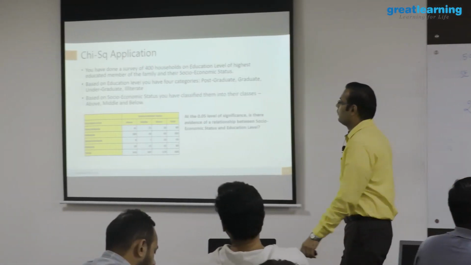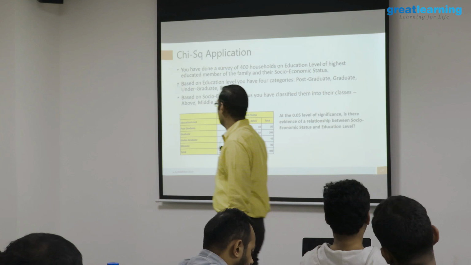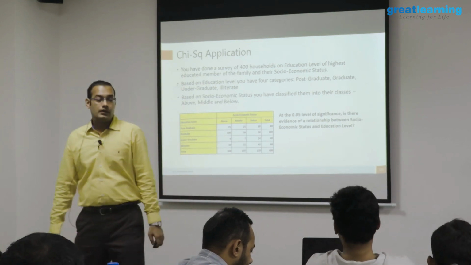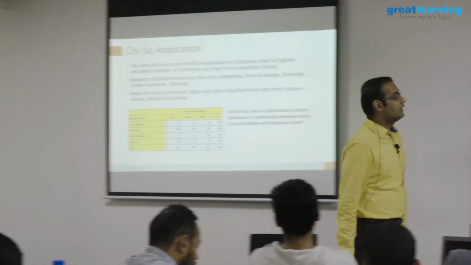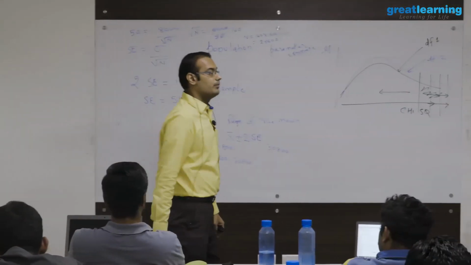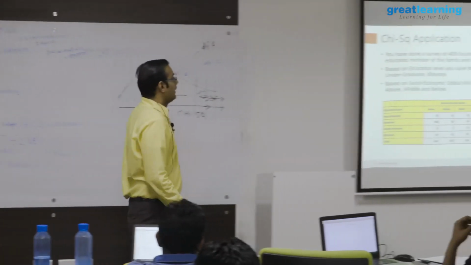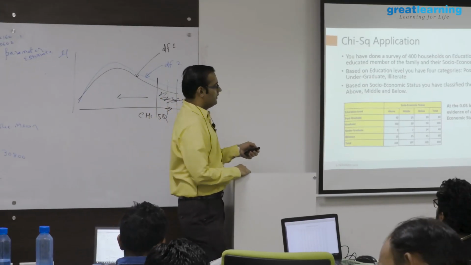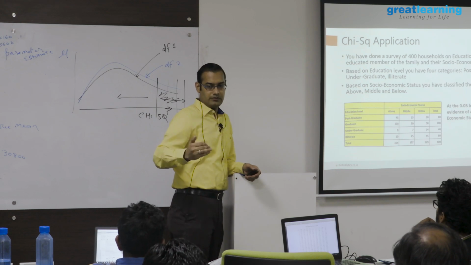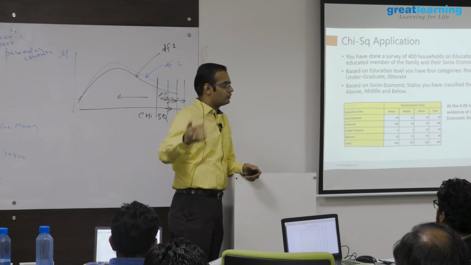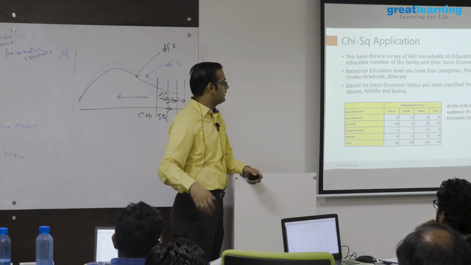You have done a survey of 400 households on education level. You do the survey and see who is the highest educated member of the family. Based on education level, you have classified 4 categories: graduation, post-graduation, professional, illiterate, something.